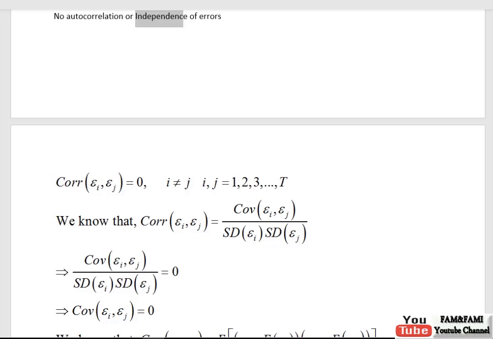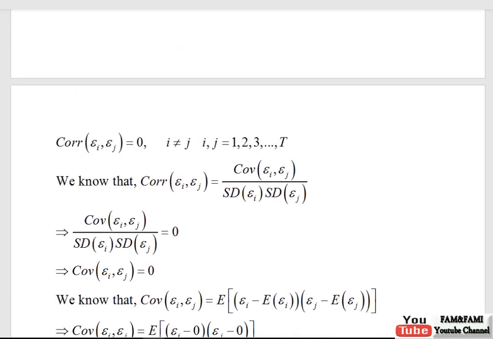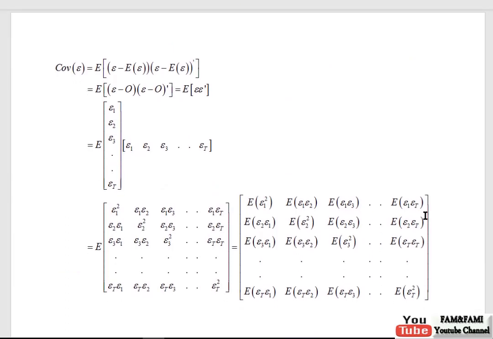So now look at this expression, expected value of epsilon i epsilon j. Now replace i by 1 and j by 2, so it will be expected epsilon 1 epsilon 2, and this is 0. Now if you scroll up, look here, expected epsilon 1 and epsilon 2 will become 0 due to the assumption of independence of errors or no autocorrelation between errors.